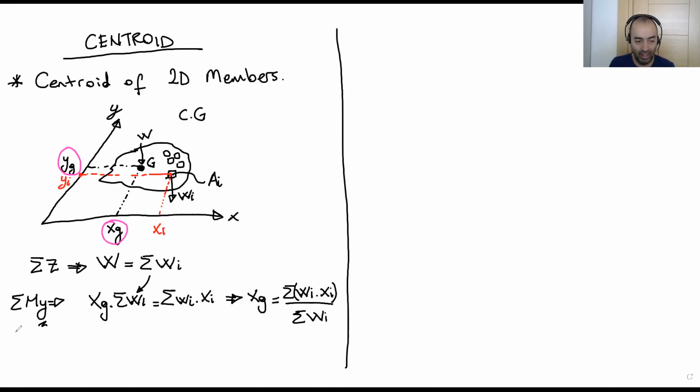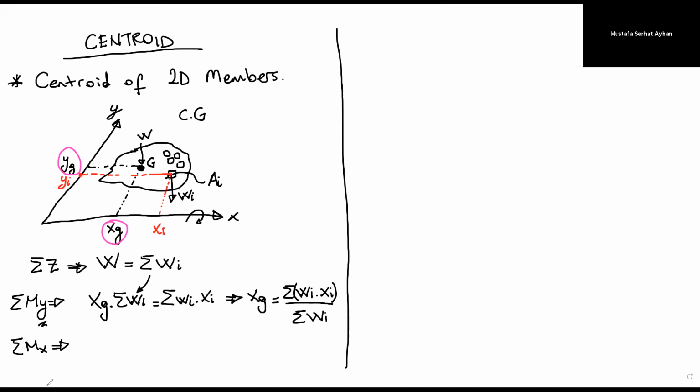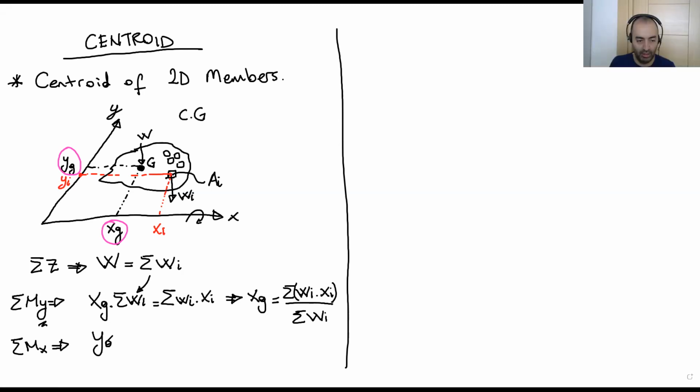Okay, so it's the same for the x-axis. Let's write the moment for the x-axis. That means we are going to calculate the moment around the x-axis here. So yg is from here to here, the distance, times total weight again.